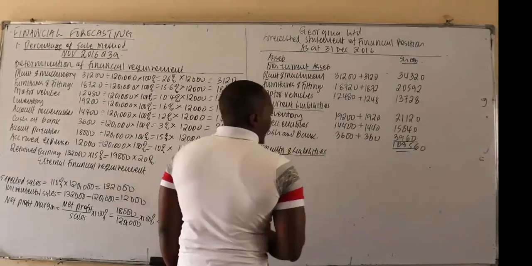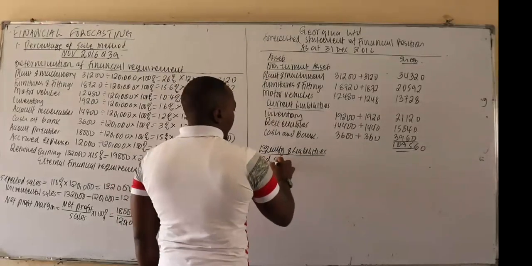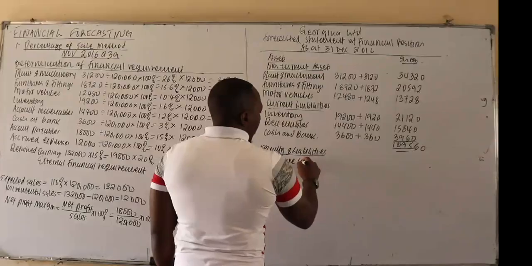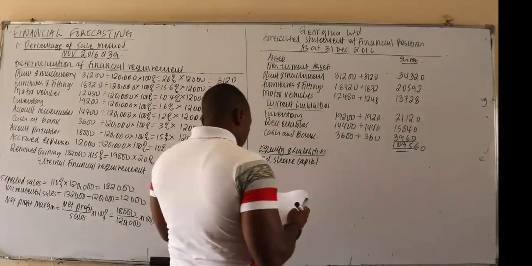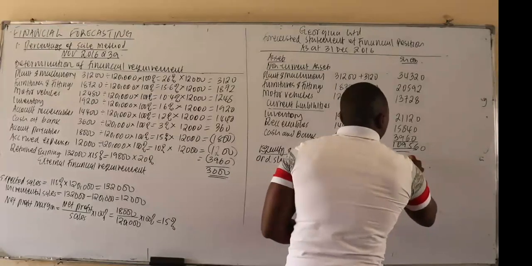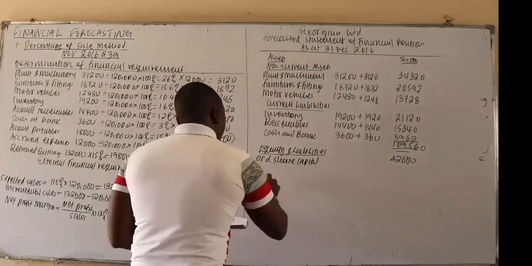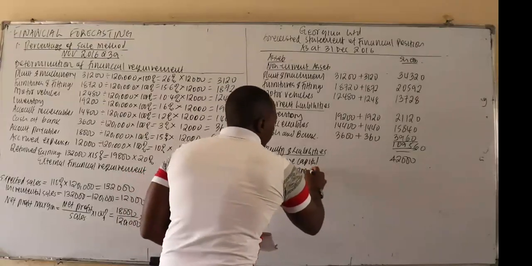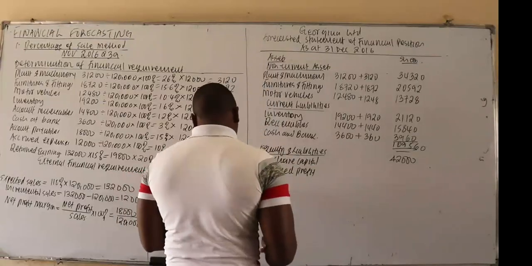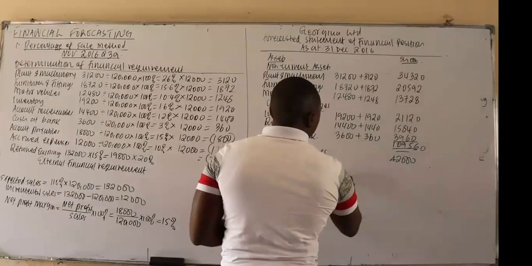So under the equity and liabilities, we have the ordinary share capital. Now the share capital does not change as sales changes. And for the ordinary share capital, we have an amount of 42. Then we have the retained profit. For the retained profit, we have an amount of 17,600.